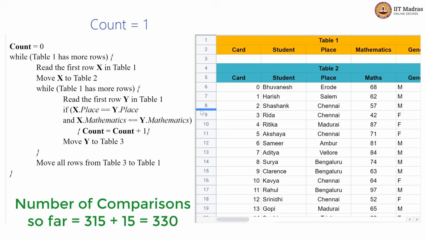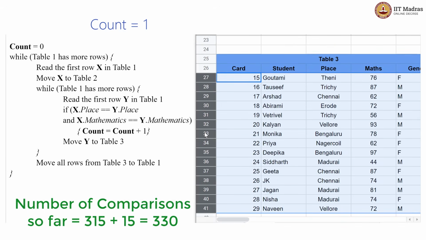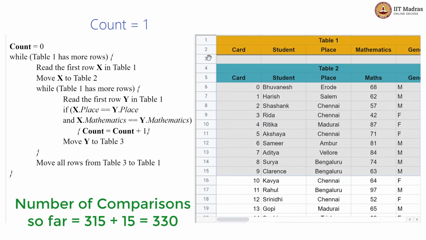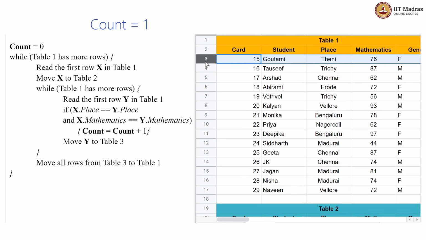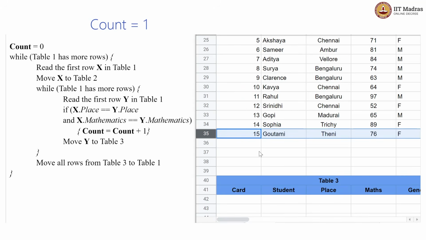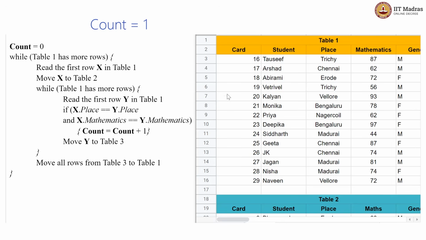Table 1 is empty, so we again pick up these rows from table 3 and carry them up. Now this is our row X. We drop it in table 2. This is Theni 76.